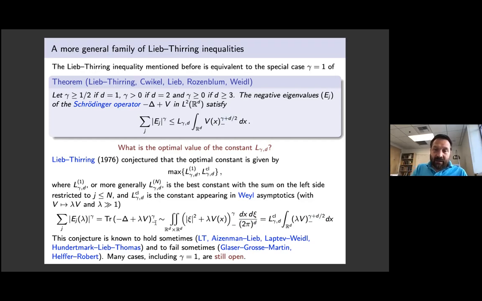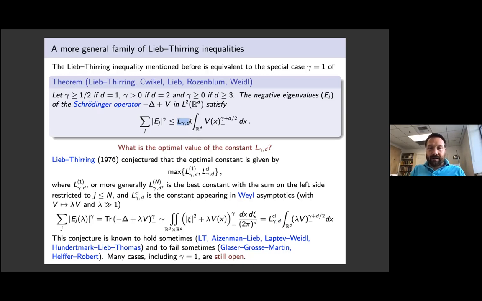In this limit, we get asymptotically an equality with a certain constant. And then it's obvious that the constant that you get in this way has to be smaller or equal than the optimal constant that appears in the inequality.